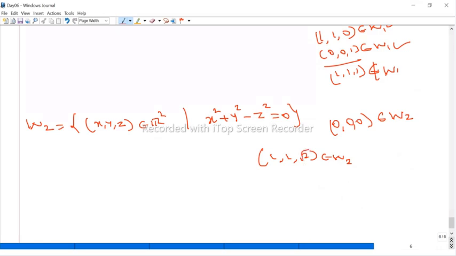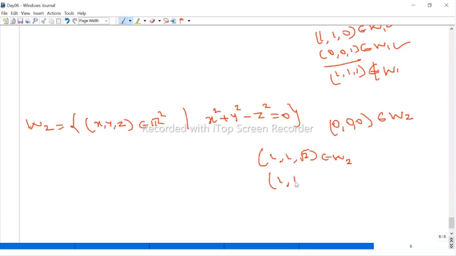Suppose I take root 2, because everything is a real number. Then 1 square plus 1 square is 2, minus root 2 square is 2, and 2 minus 2 is 0. Therefore (1, 1, root 2) is an element of this set. Got it?